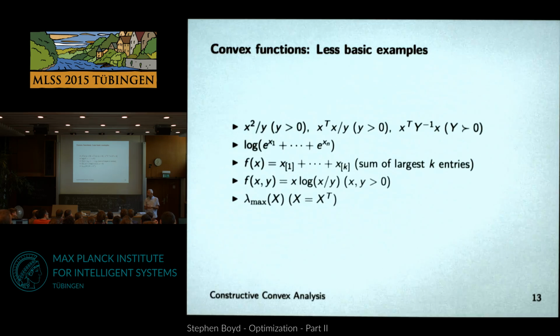Oops, there's no formula for that if n is bigger than or equal to 5. Then you look at all the roots, which are all going to be real, and take the largest of those. So it's not remotely obvious that this is convex. In particular, there's no formula for that if X is 5 by 5 or bigger. Everybody know what I'm talking about?